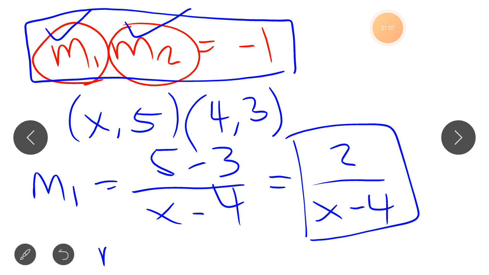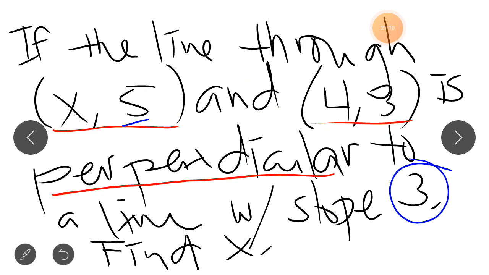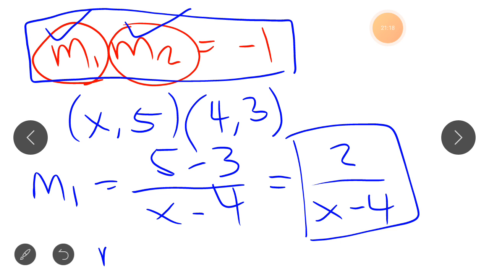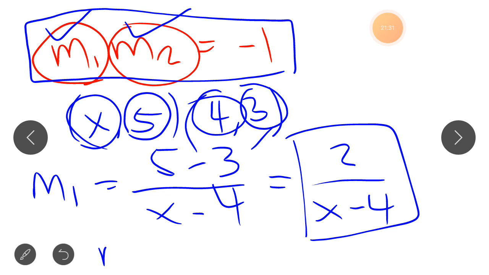So to find the slope of the first line, we use the given here, (x, 5) and (4, 3). These are the points of line 1. So 5 minus 3, y1 minus y2, then x minus 4, x1 minus x2. So 5 minus 3 equals 2. x minus 4, copy. So this is the slope of line 1, 2 over x minus 4.